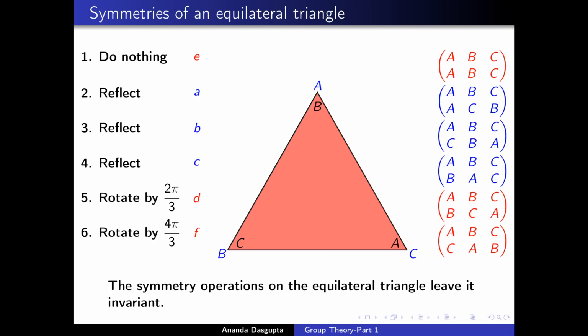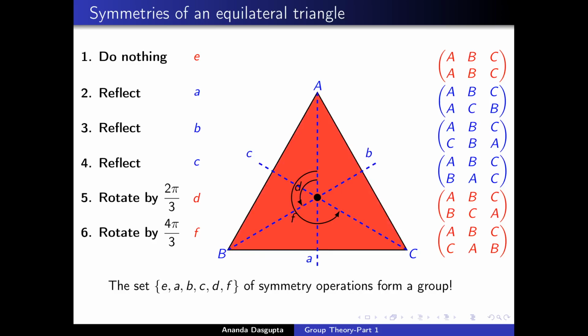The most important reason why we are talking about these symmetries is that the set of 6 symmetries form a group. That is to say, if I were to do any 2 of these operations, one after the other, I would get one of these operations again.